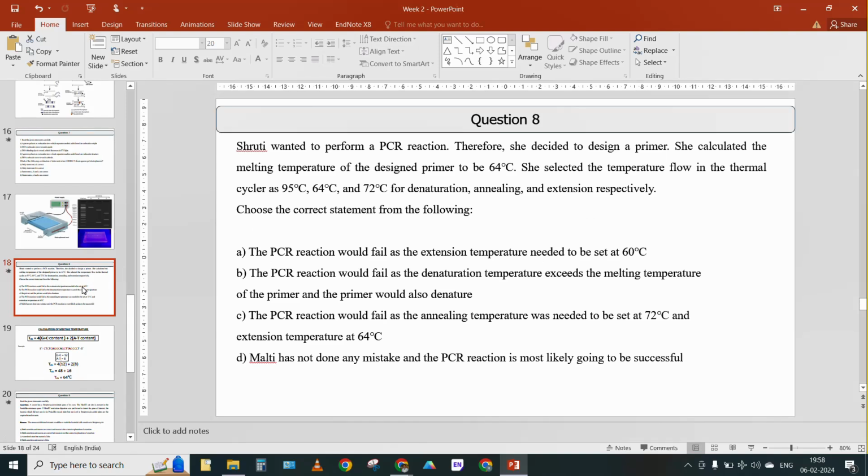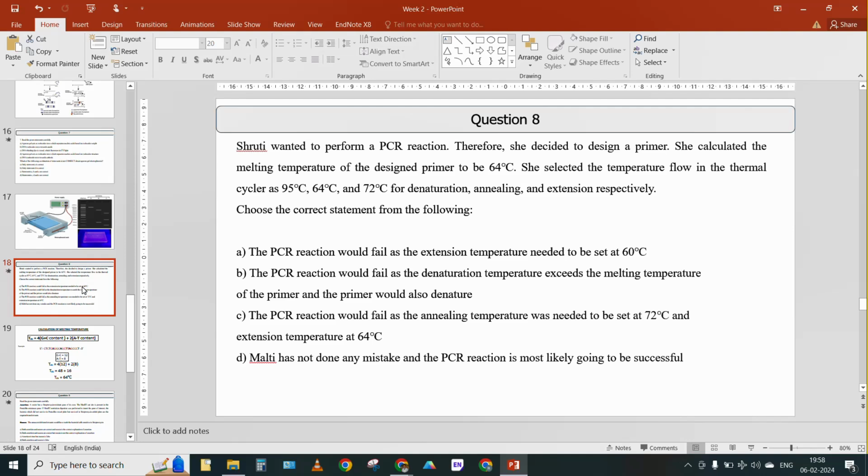Option C states that the PCR reaction would fail as the annealing temperature needed to be set at 72 degrees Celsius and extension temperature at 64 degrees Celsius. And option D states that Shruti has not made any mistake and the PCR reaction is most likely going to be successful. So, would anyone like to highlight the statements?